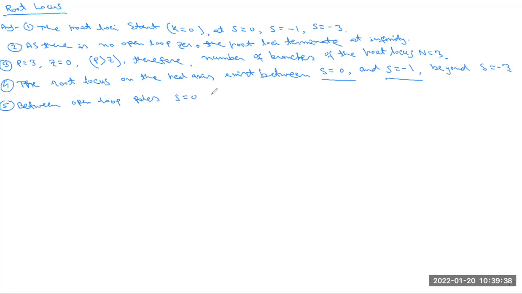So this is s equal to 0 and s equal to -1. There exists a breakaway point as calculated below.